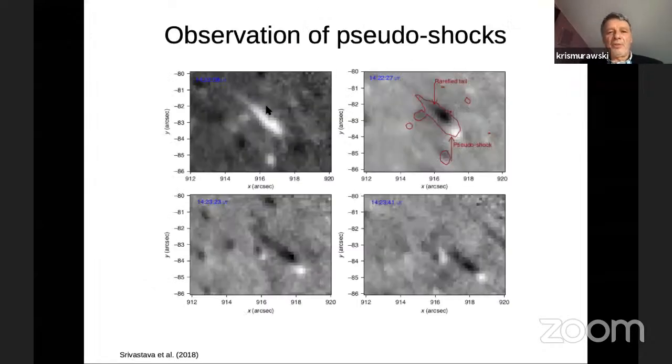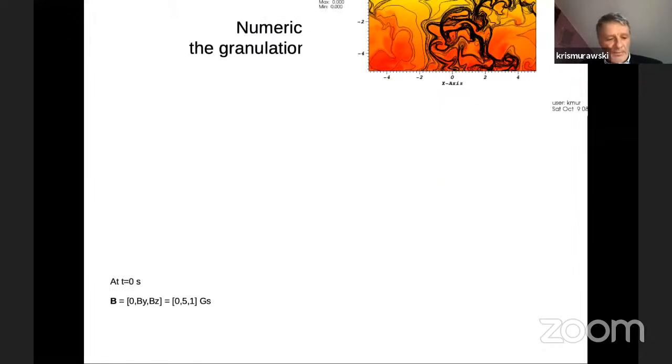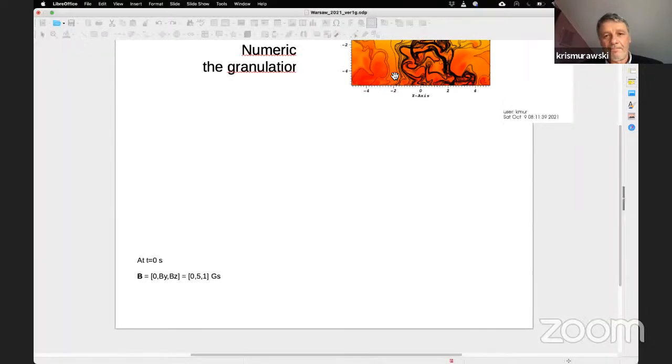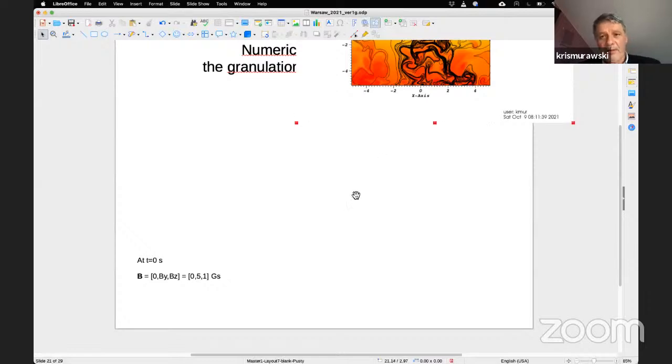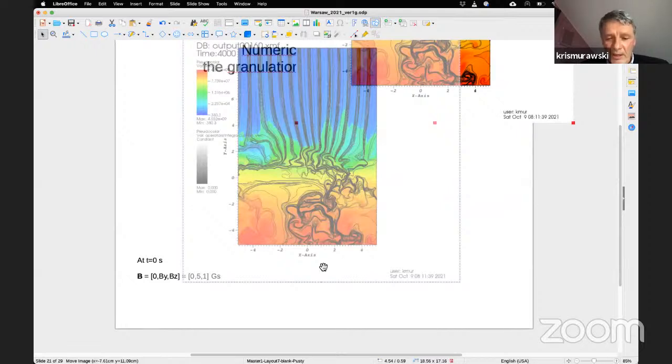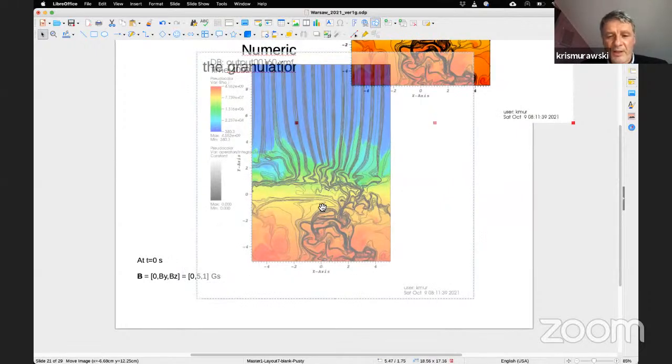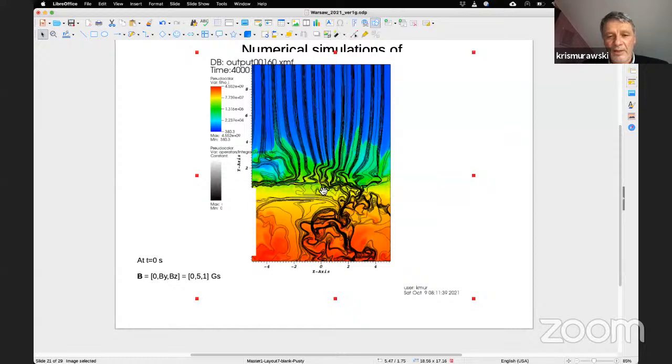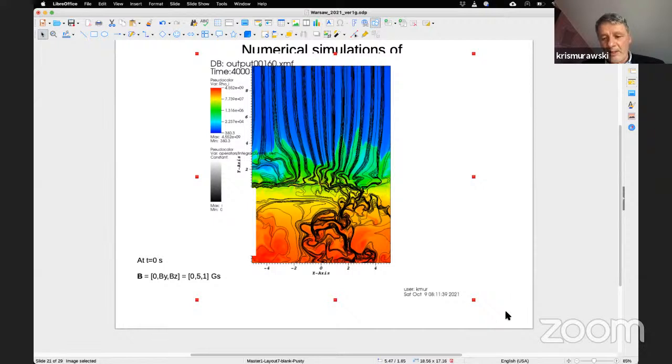So what we did, we collected a signal along this line, along a numerical slit in time, and we averaged this signal over the horizontal direction, and we ended up with a temperature profile which looks similar to the average temperature profile.